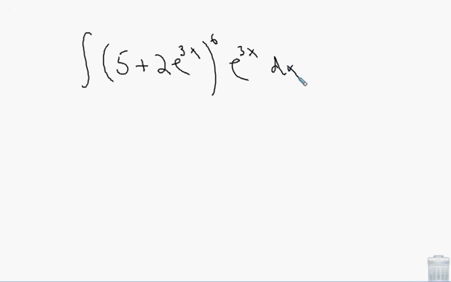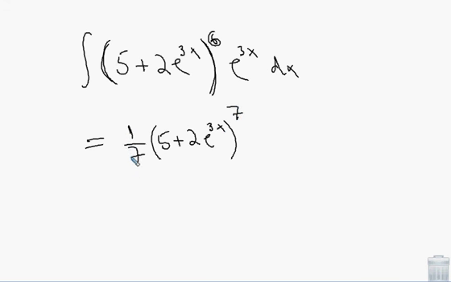The main thing here is that you have a chain rule, a composite function, where you have this quantity to the 6th, and the quantity to the 6th is the outside function. Whenever you have a composite function, you have to remember the inside stays the same. So the answer to this is going to have the 5 plus 2 e to the 3x. When we take the antiderivative, the integral, the power goes up, so that's going to go to a 7, and we divide by that new power.